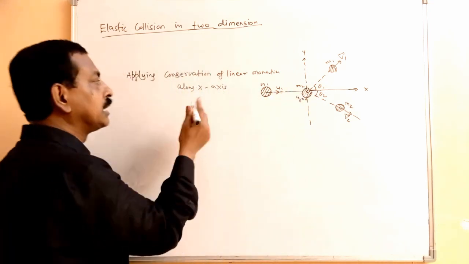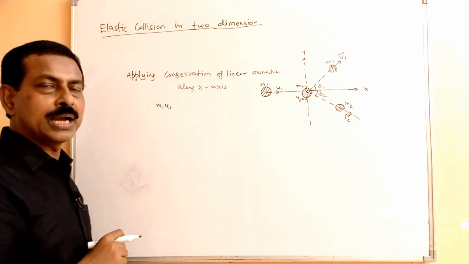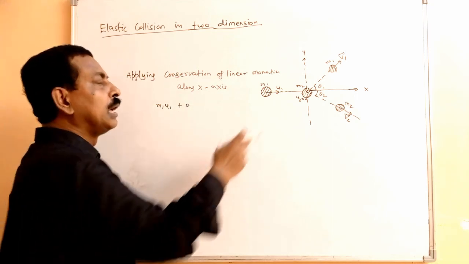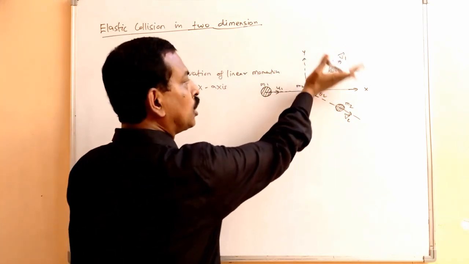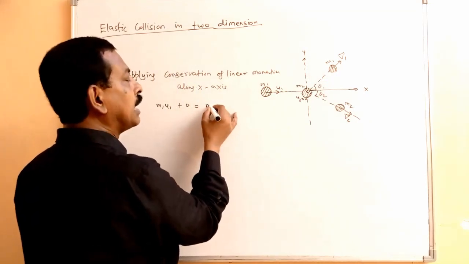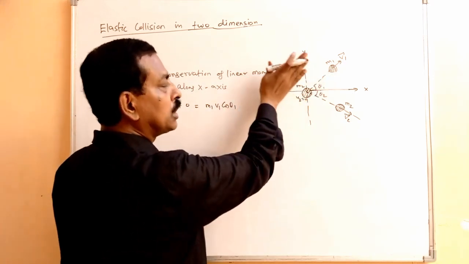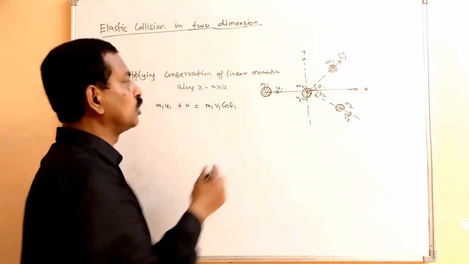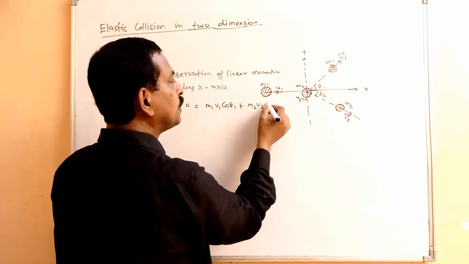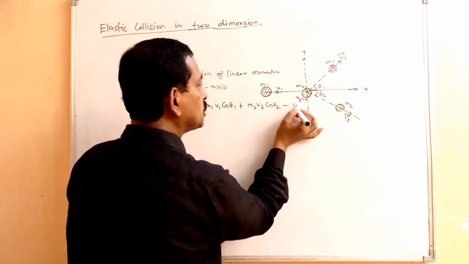So before collision, along the x-axis, the first body has the momentum m1 u1. The second body was at rest, so it will be 0. This will be equal to m1 v1 cos theta 1. This is the momentum of the first body along the x-axis after collision. For the second body also, it will be m2 v2 cos theta 2. This is, suppose, your first equation.